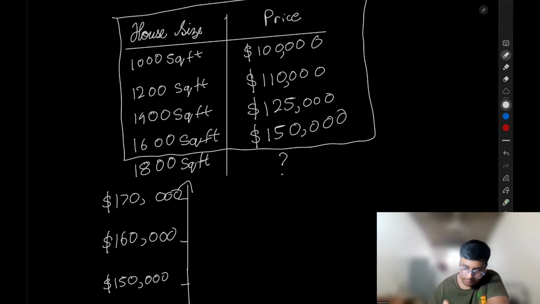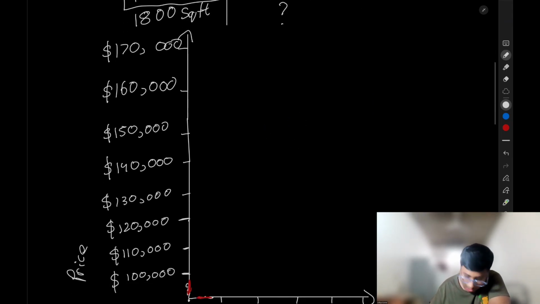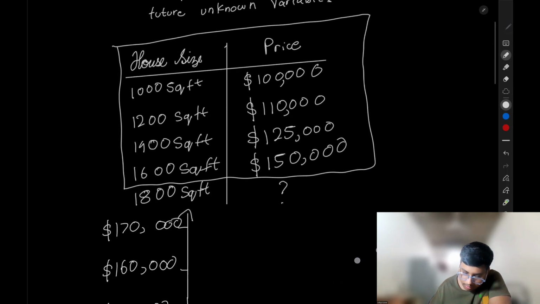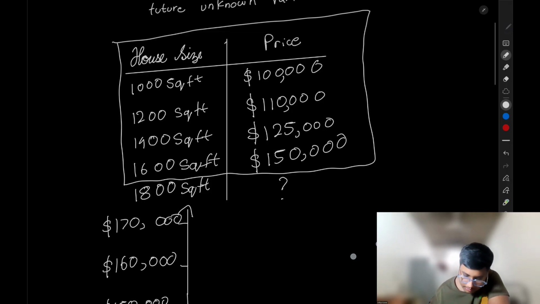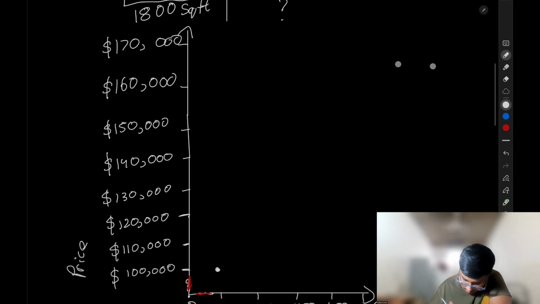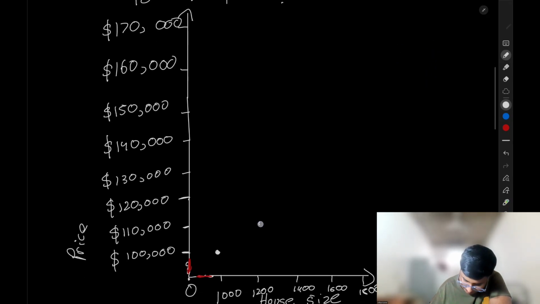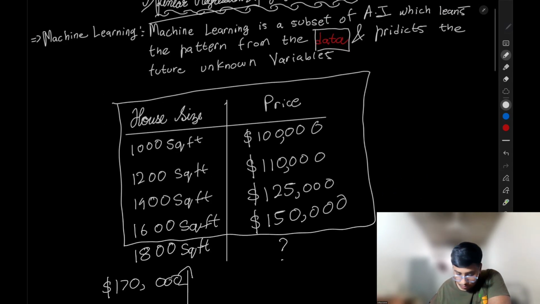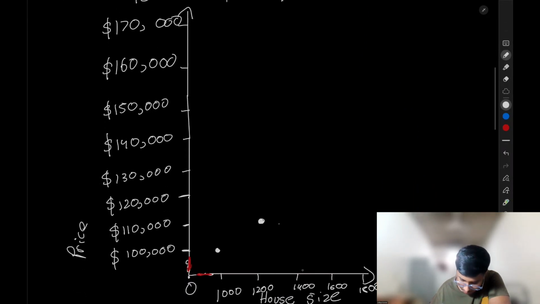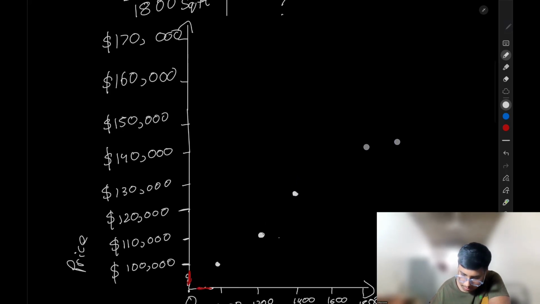Now let's see what the actual values are. For 1,000 square feet, it is $100,000. For 1,200 square feet, it is $110,000. For 1,400 square feet, it is $125,000, in the middle part.